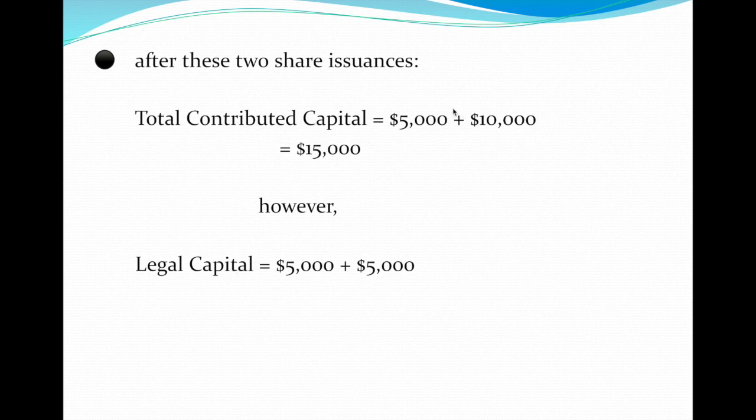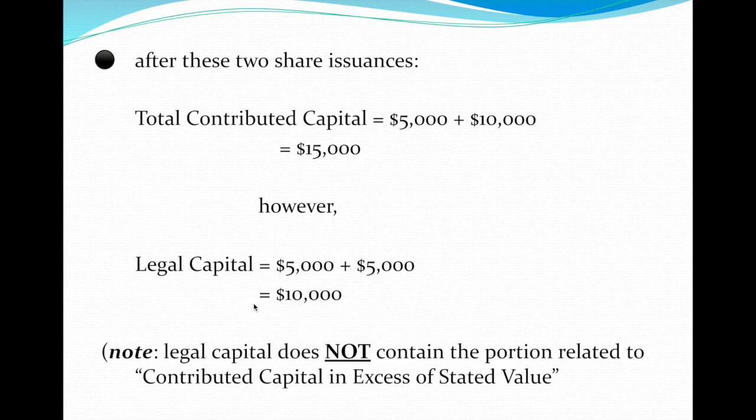So all the 5,000 goes into legal capital because the shares were issued at their stated value. However, from the 10,000, 5 of which was higher than the stated value, we only put the stated value amount towards legal capital. So that's why legal capital would be 10,000 instead of 15,000.